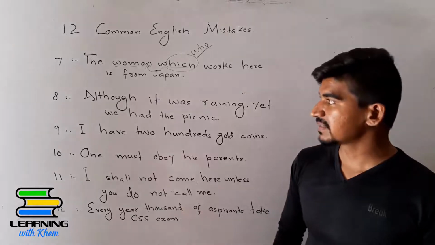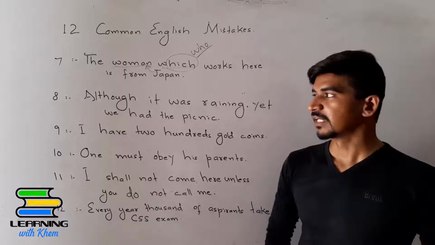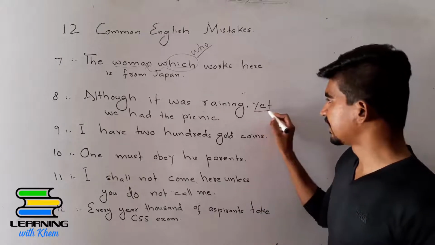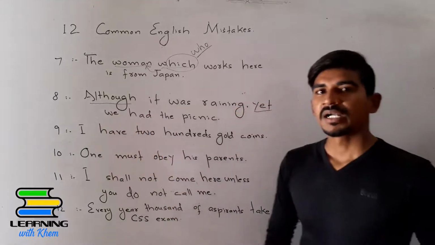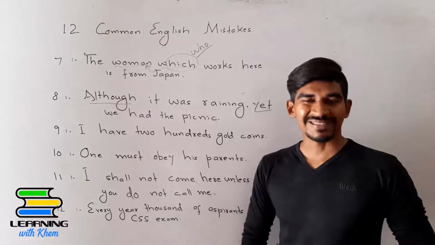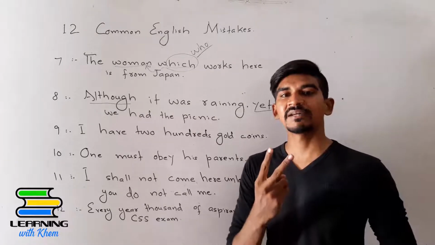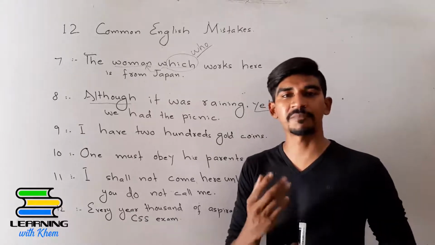Our eighth sentence is "Although it was raining, yet we had the picnic." So in this sentence, the mistake lies in the word "yet," because of the word "although." They are part of conjunctions where we use conjunctions in the form of a pair. There are some conjunctions which always come in the form of a pair.